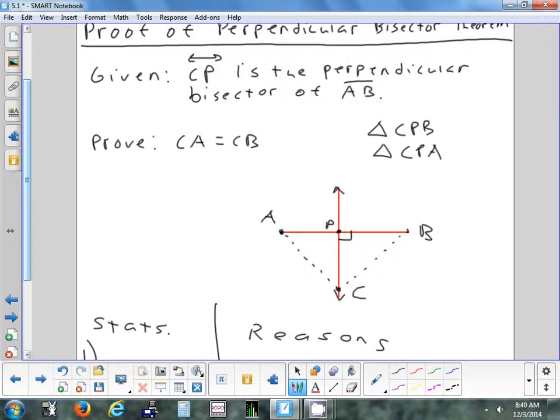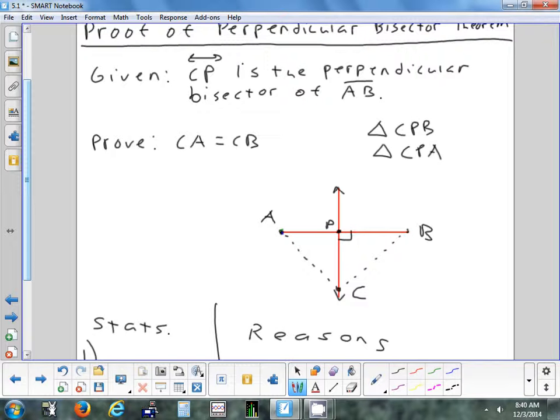Anybody see anything here that I could start to use? Keep in mind, not everything that was written in the given is marked in the diagram. So you might have to look back at the given for some information as well. CP is congruent to CP.